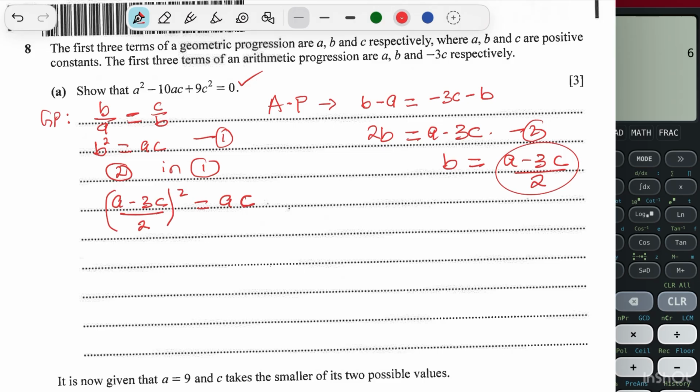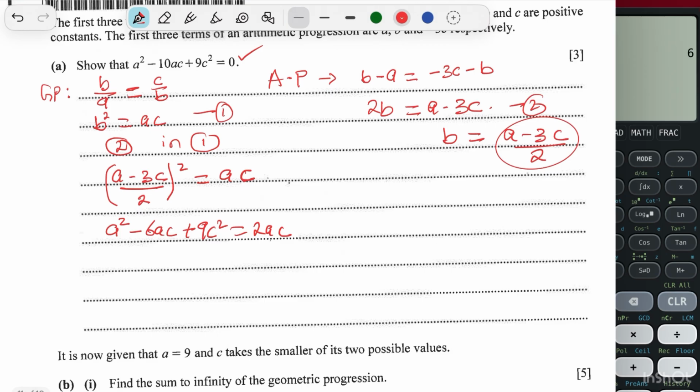If I expand the numerator here, this gives me a squared minus 6ac plus 9c squared over 4 is equal to ac.